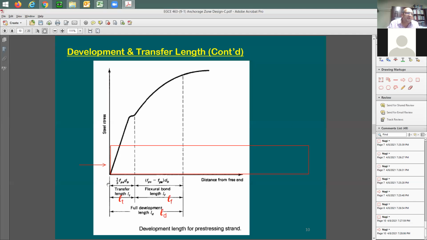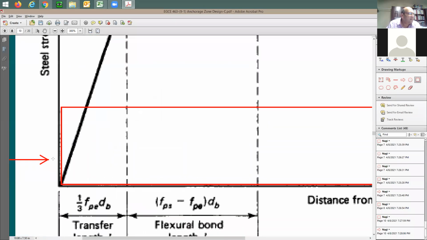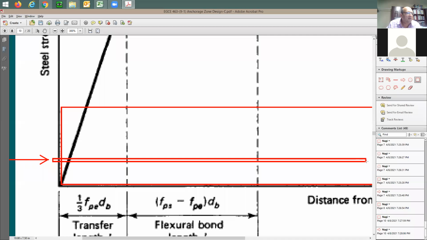So first, you're going to have this length here, and look at the stress. If you imagine here that you have a cable, and let's say the cable is running this way, right? And then you have an anchorage plate right here. And in pre-tension, you don't really have any anchor plates, right?